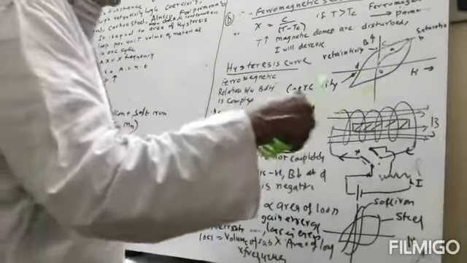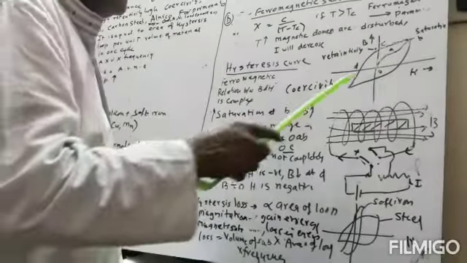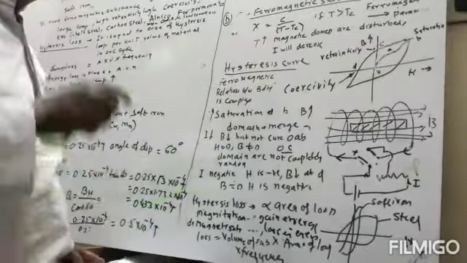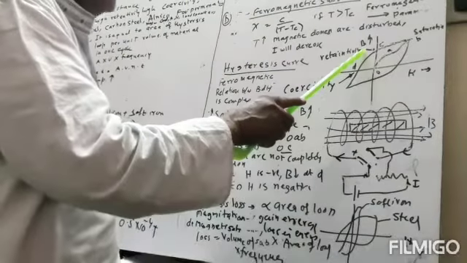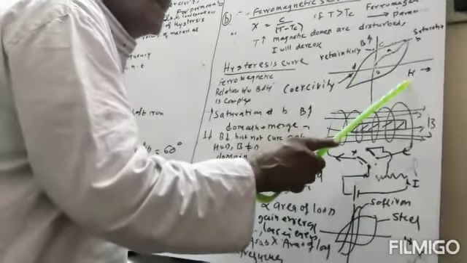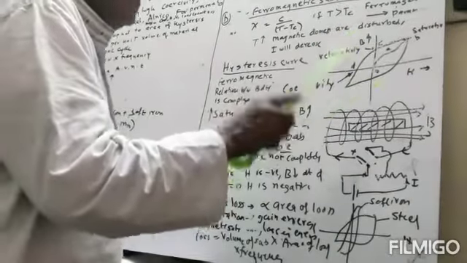What do you mean by this? It means that if we are changing the H, B is also changing. But when H is 0, B is not equal to 0, means the magnetic field B will be lagging by the magnetizing field.